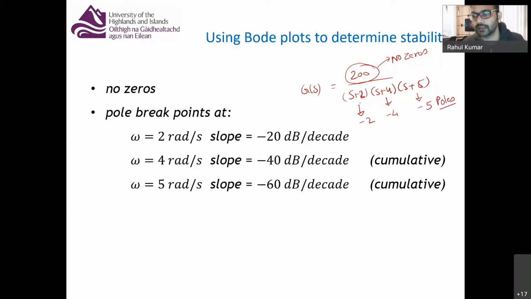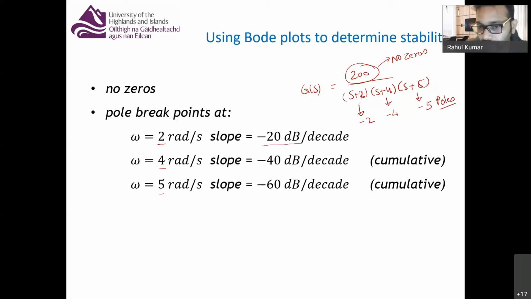Okay, so corresponding to the values of pole, you will have the break frequency. So the break frequencies will be at 2, 4 and 5 radians per second. After 2 radians per second your slope should be -20 dB per decade.